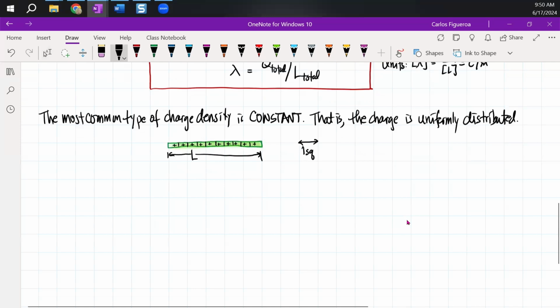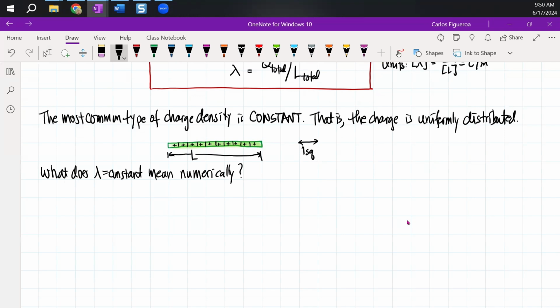So what does lambda equal to a constant mean numerically? We want to calculate two things here. The first is the charge density for the whole line.